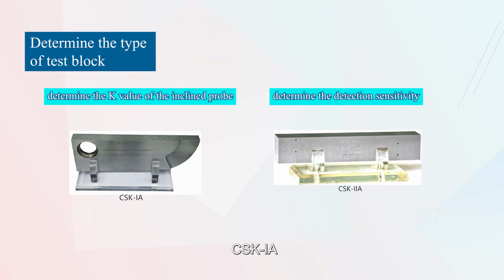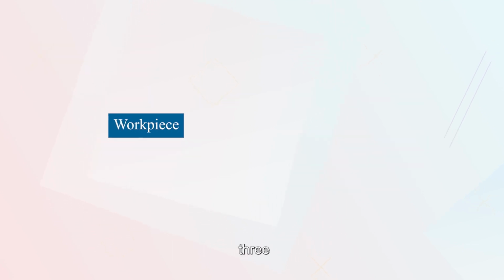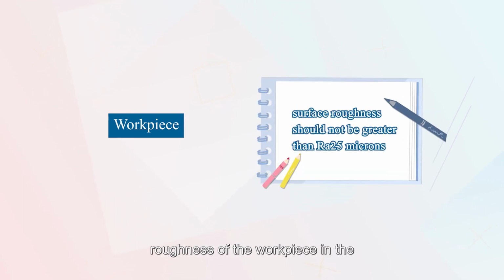Therefore, CSK-IA and CSK-IIA test blocks are necessary for this detection task. 3. Workpiece. The standard stipulates that the surface roughness of the workpiece in the scanning area of the probe should not be greater than Ra 25 microns.